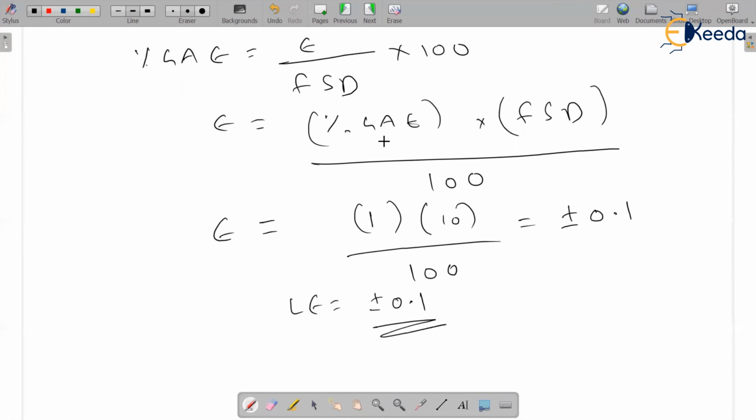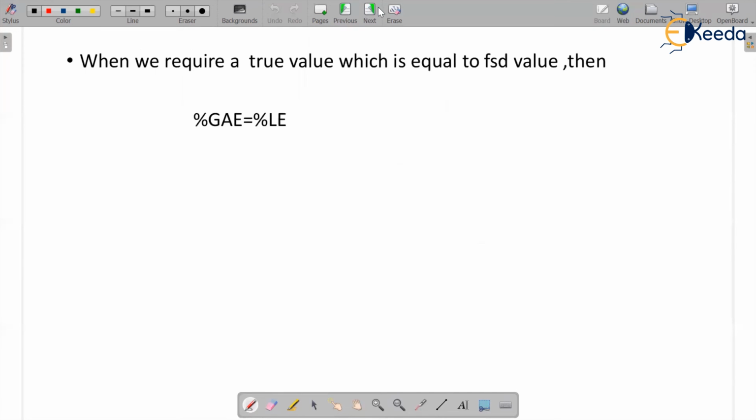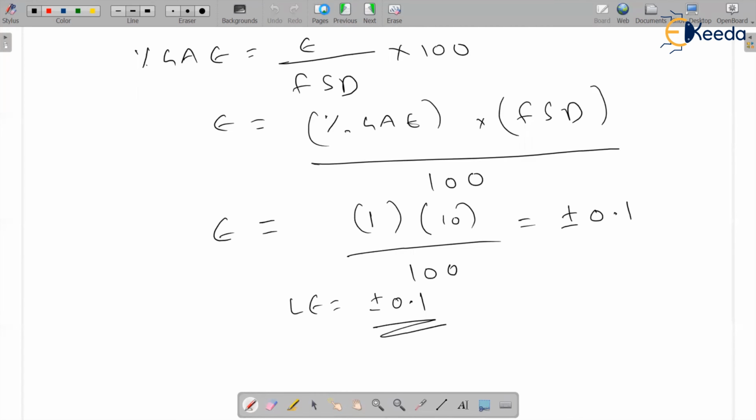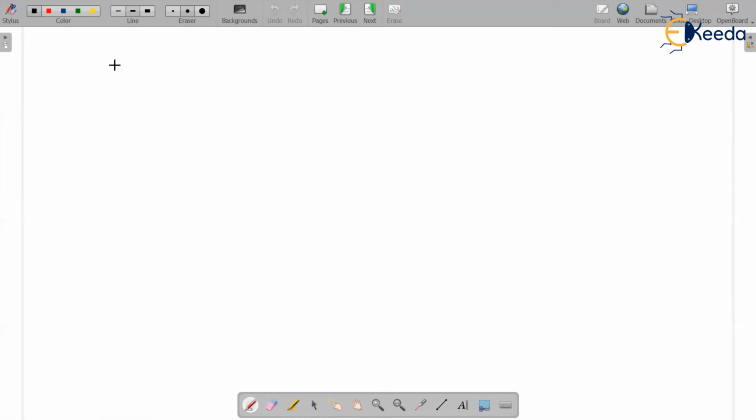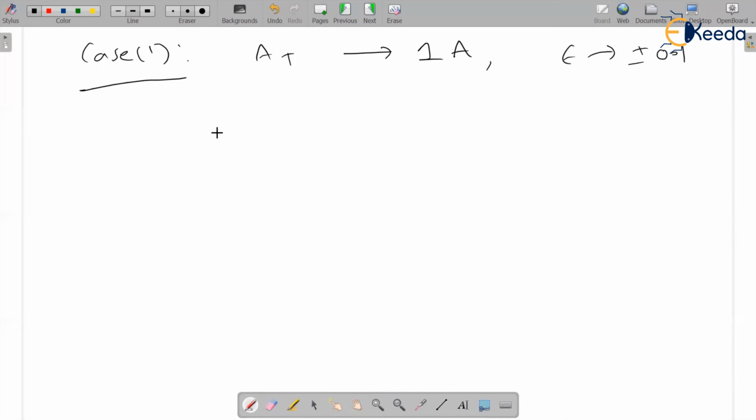Then we should find out my percentage limiting error, so we go for the percentage limiting error calculation. First case 1: my true value is 1 ampere, and I got my error as plus or minus 0.1.